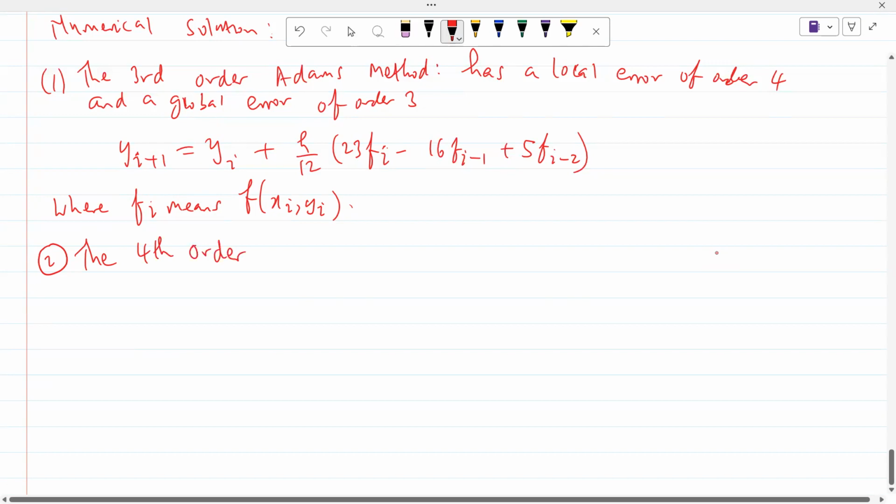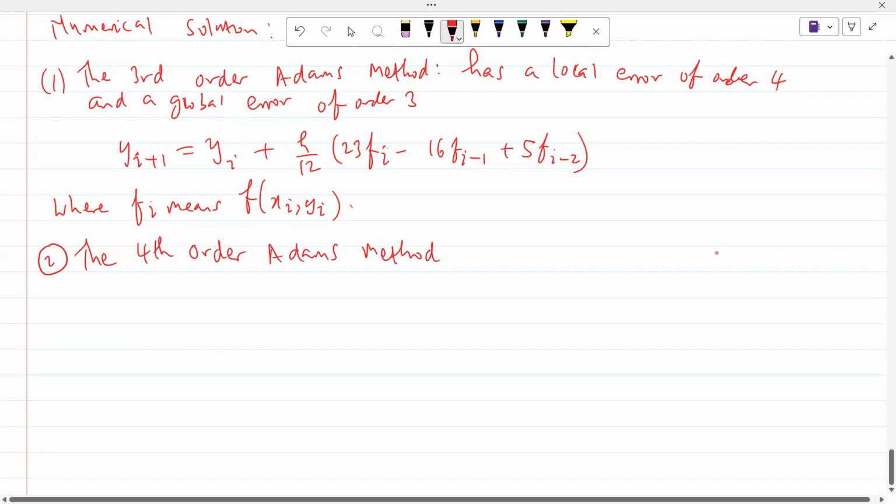So the fourth order Adams. Sometimes you wonder, why are we doing all these? Yes. The Adams method is the most popular because we did that.